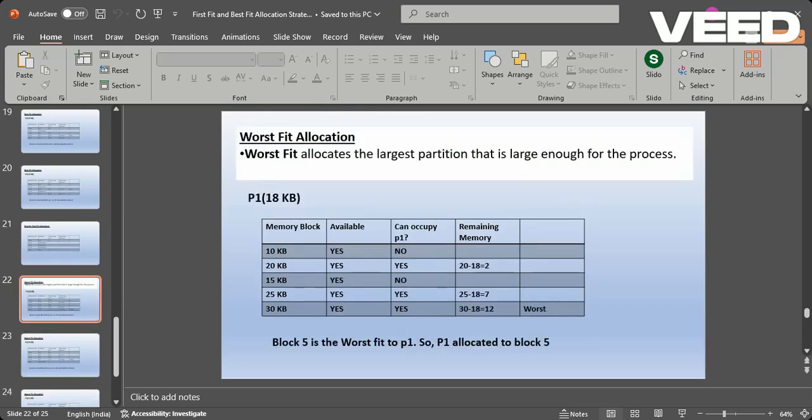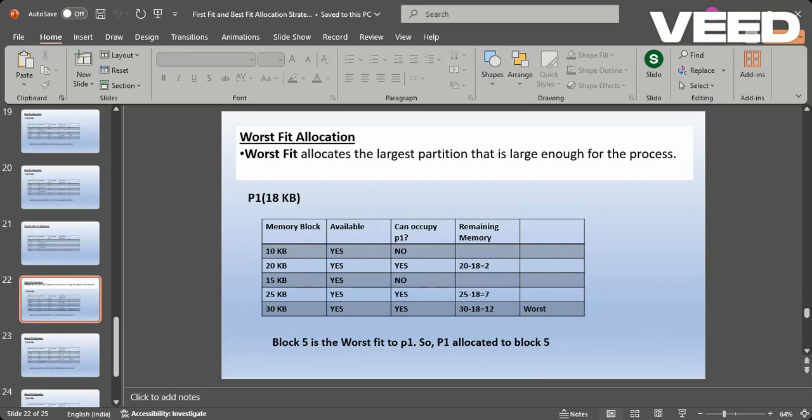The next allocation strategy is worst fit allocation. Here we use a similar strategy to best fit. We search from the starting location to the ending block to find which blocks are enough to store each process. Among the available spaces, we find the memory wastages.